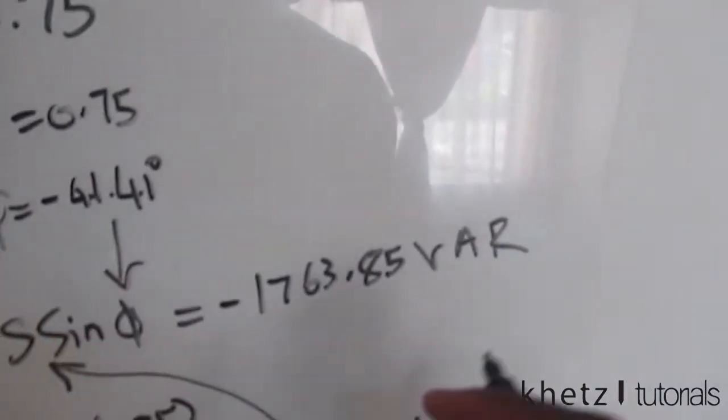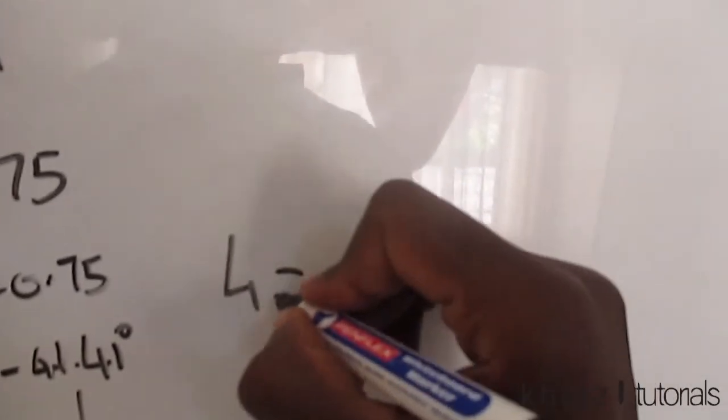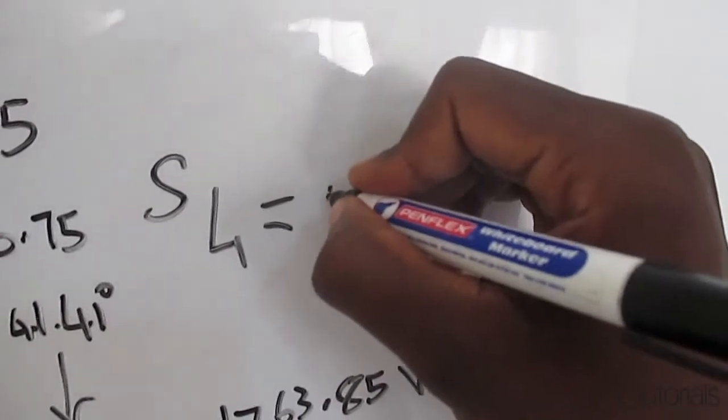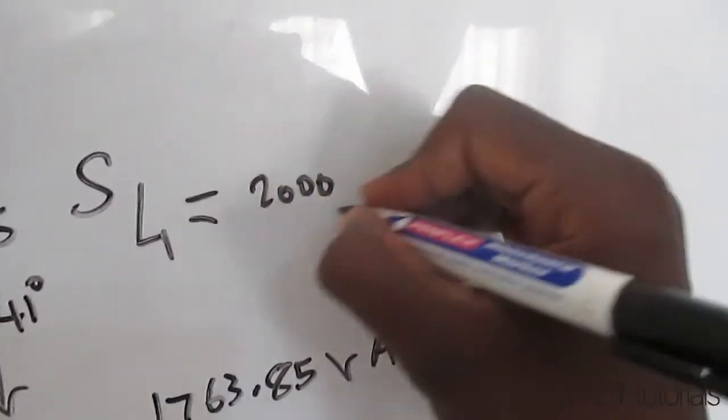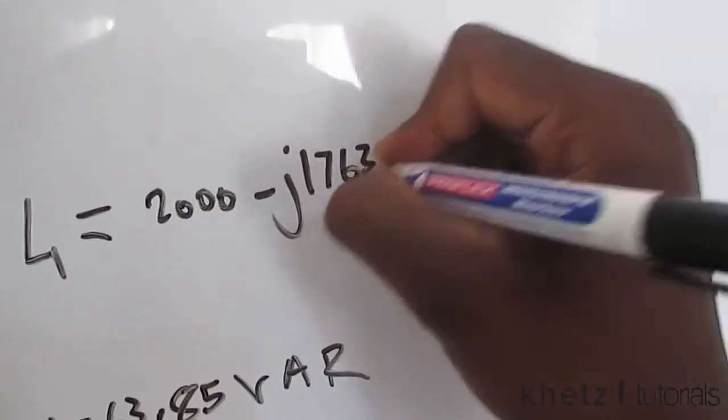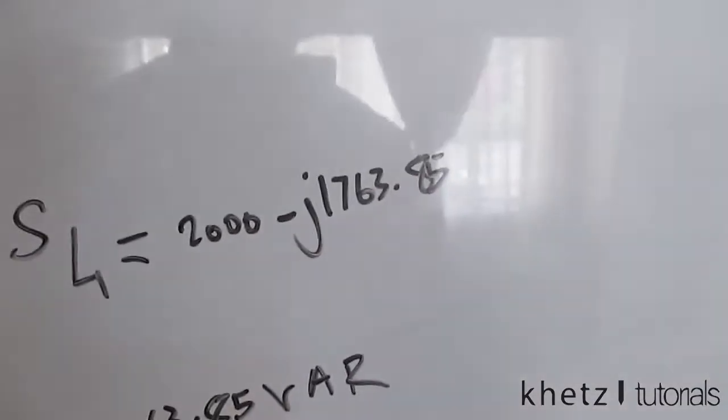So for the first load, let's say load 1, we have a complex power of 2000, which is given to us in the question, subtract j1763.85, which you just found.